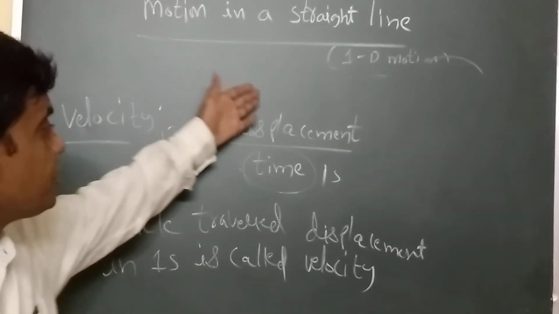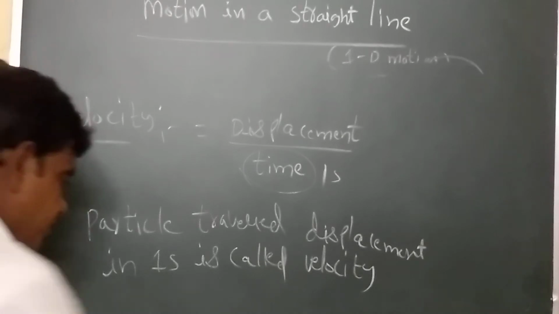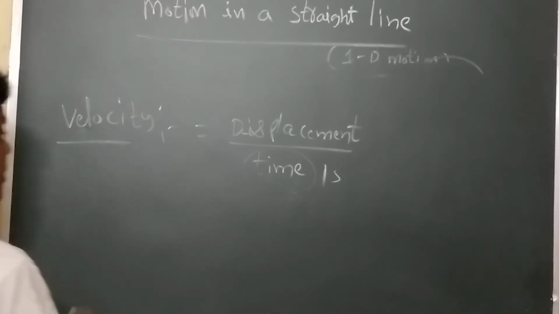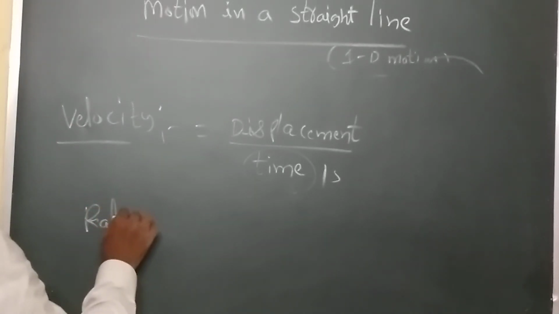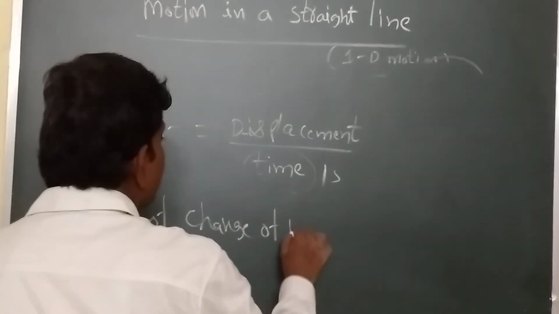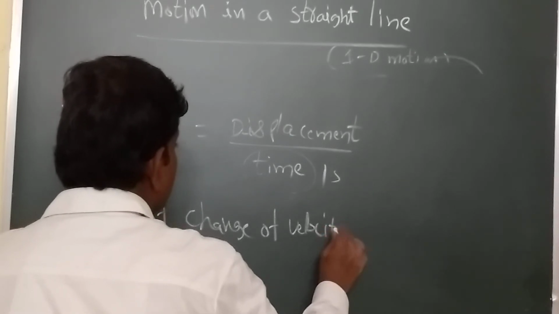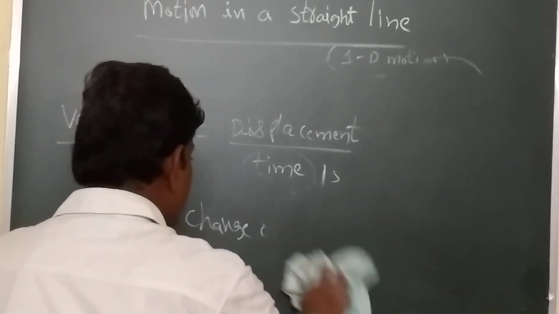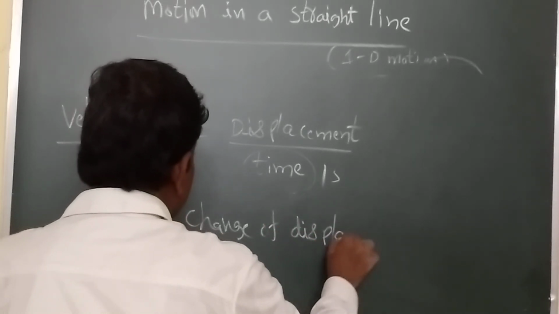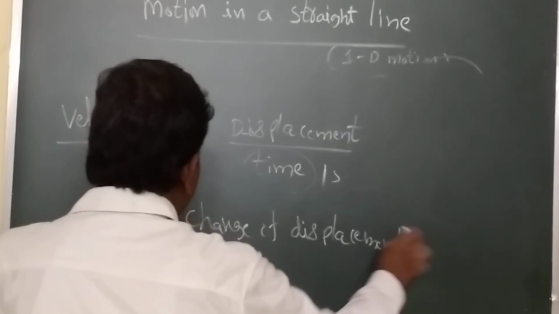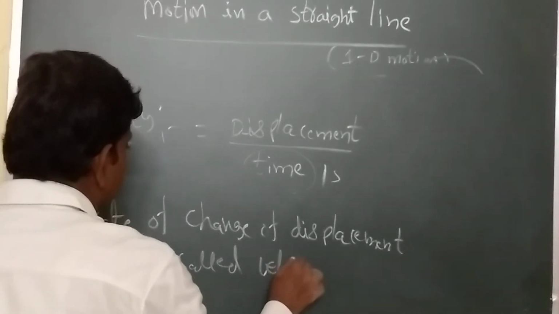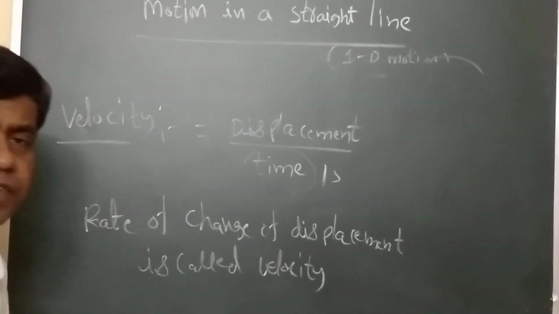Otherwise, rate of change of displacement is called velocity. So velocity is a vector.